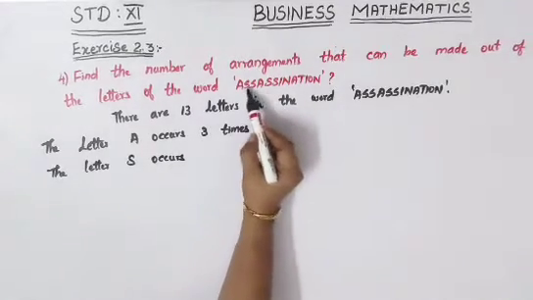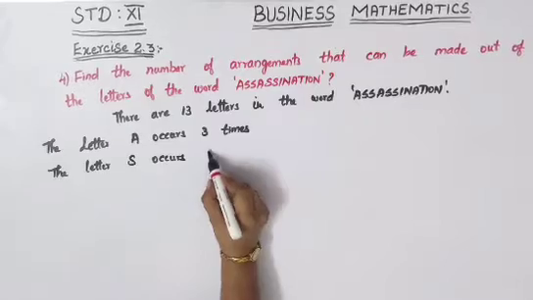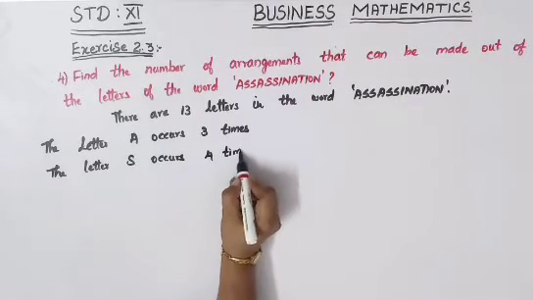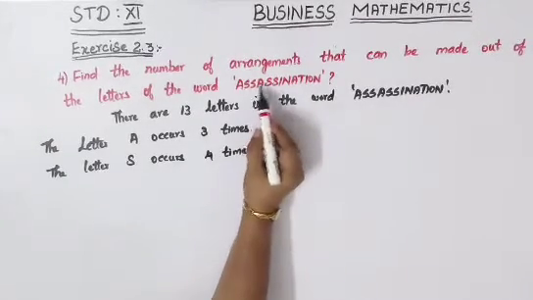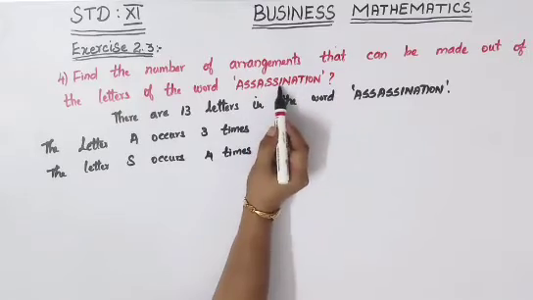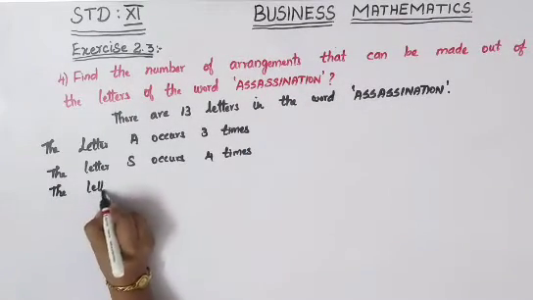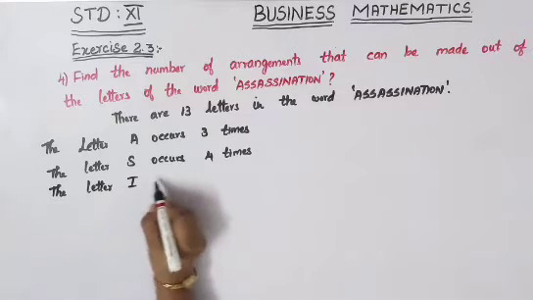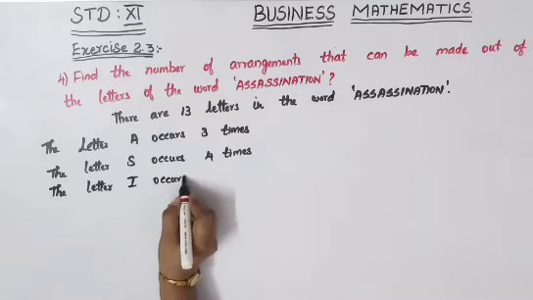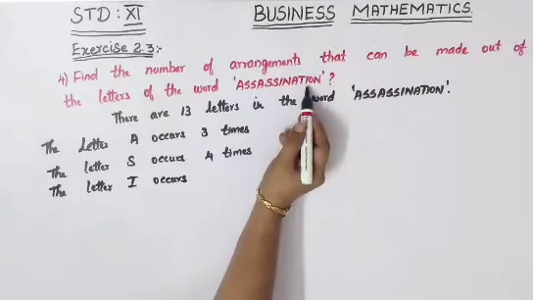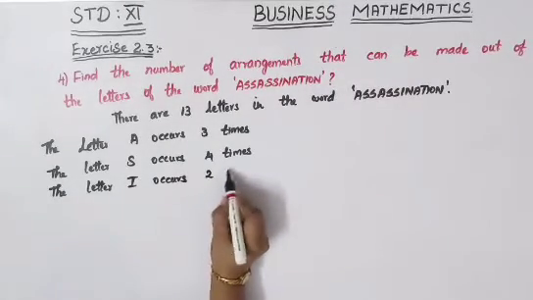Just count how many S's are there. 1, 2, 3, 4. So 4 times. Next is again S, we have finished. A is also finished. So you'll have to go to I. So the letter I occurs only 1 and here 1 is there. So 2 times.